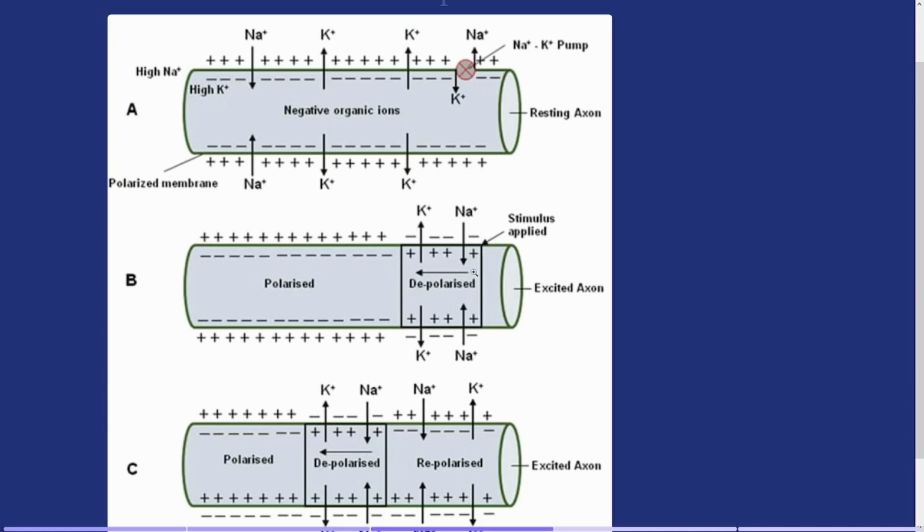Later, this depolarized region is repolarized through the Na+/K+ pump, but by that time the disturbance would have moved along the axonal membrane. So as this part gets repolarized, the depolarized part has already moved, and this is how the depolarized part keeps moving and getting repolarized, and how the nerve impulse is transmitted.